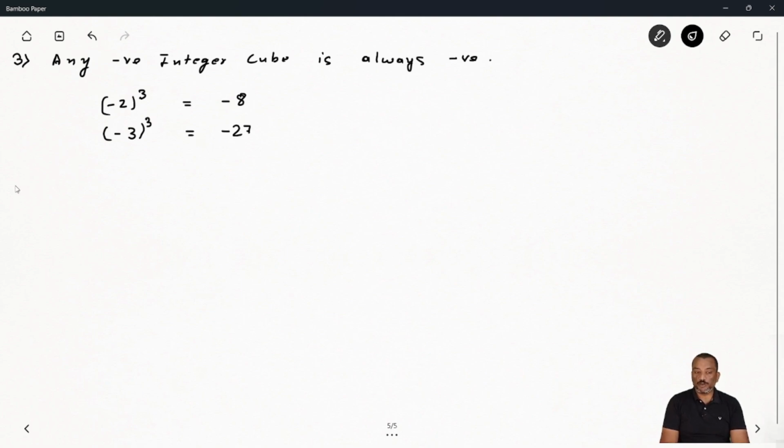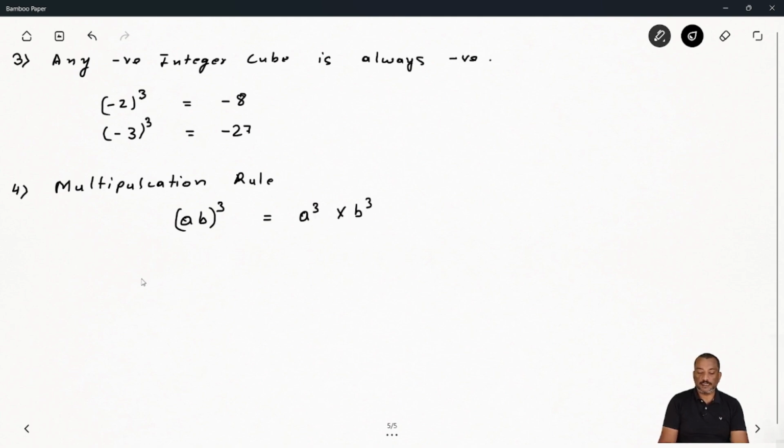Now coming to the fourth property, that is the multiplication rule. It is similar to what we have seen in squares. The multiplication rule simply says that if you have a number a times b, its perfect cube is equal to a cube times b cube.